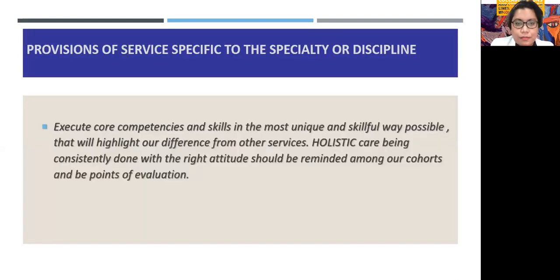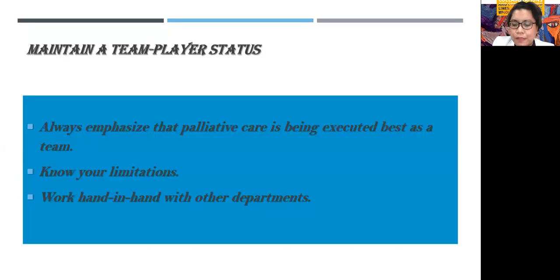Provision of services specific to the specialty or discipline: execute core competencies and skills in the most unique and skillful way possible that will highlight our difference from other services. Holistic care, consistently done with the right attitudes, should be reminded among our cohorts and be points of evaluation. And we should always maintain a team player status.